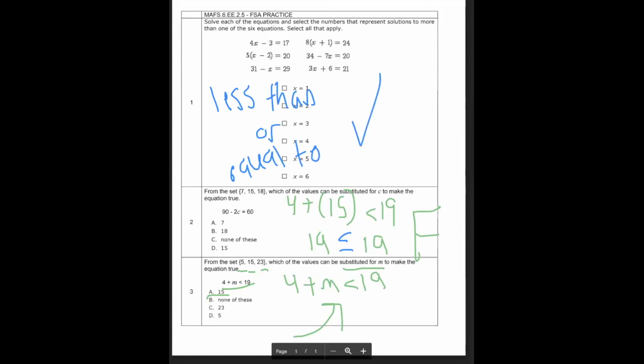But since we have just the sign without the little bar, it's false because they're equal to each other. It's not that 19 is less than 19, they're just equal. So that one doesn't work. So I'm going to go ahead and cross this one off. Choice A is wrong. So let's see the next one.